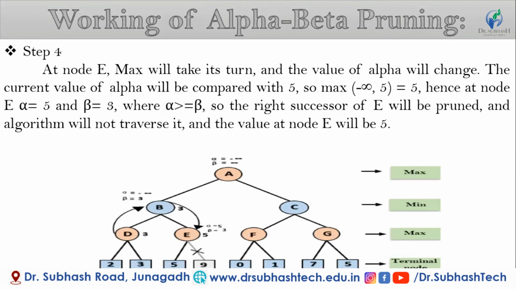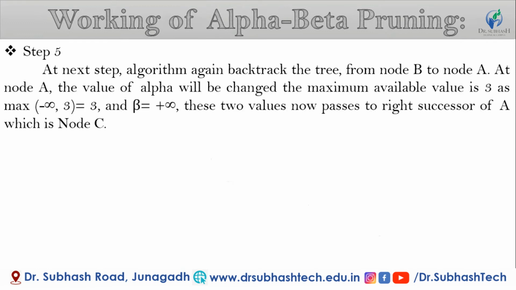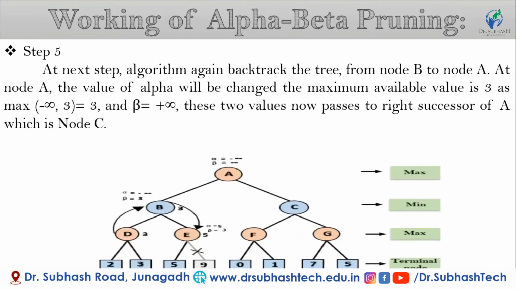Now we have seen step number 5. In the next steps, the algorithm again backtracks the tree from node B to node A. At node A, the value of alpha will be changed. The maximum available value is 3, as max is passed minus infinity and 3.